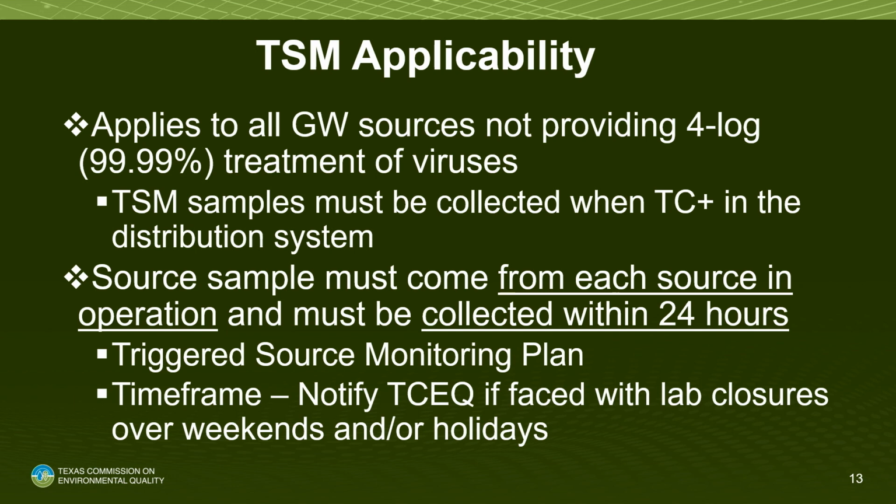But anyway, it applies to any system that uses groundwater that's not getting treated to 4 log standards. And it also applies when you get that distribution positive. It's basically a 24-hour turnaround to go collect a round of well sampling for each positive.